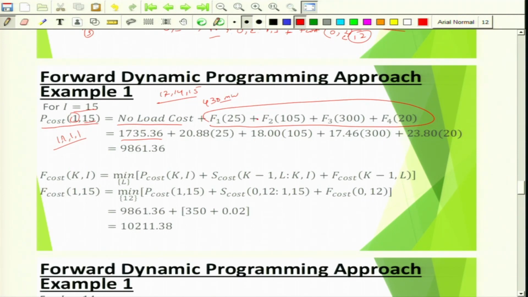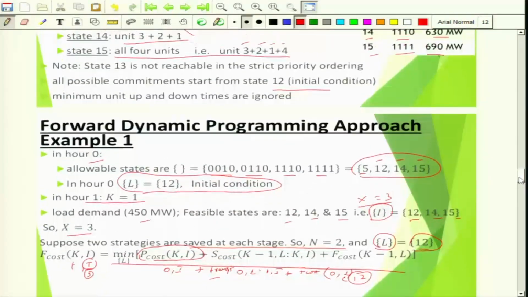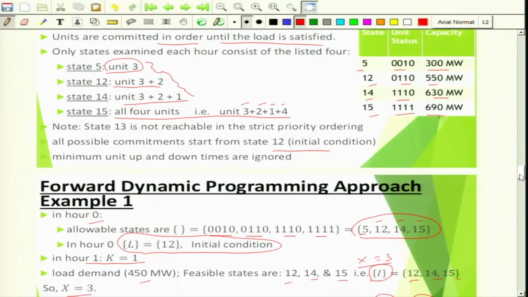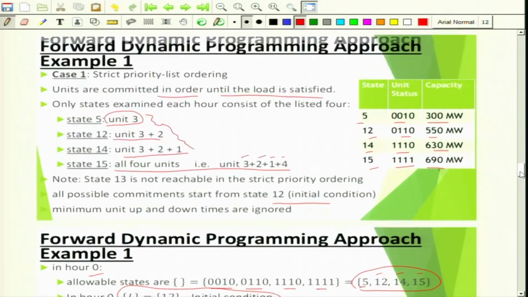Now you need to meet this 450 megawatt using all the 4 units, but how much to load each of the generators? It's very simple here. The strict priority list goes according to prioritizing the cheapest generator to give the maximum load.